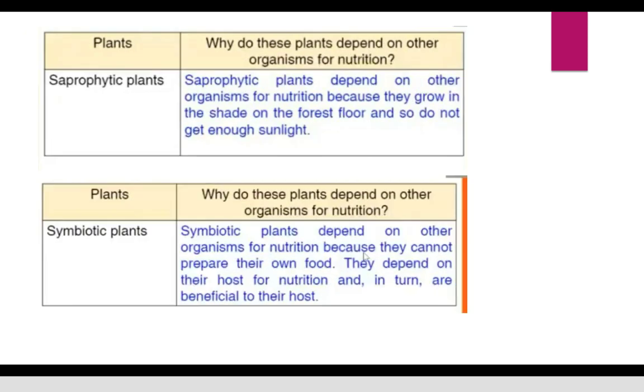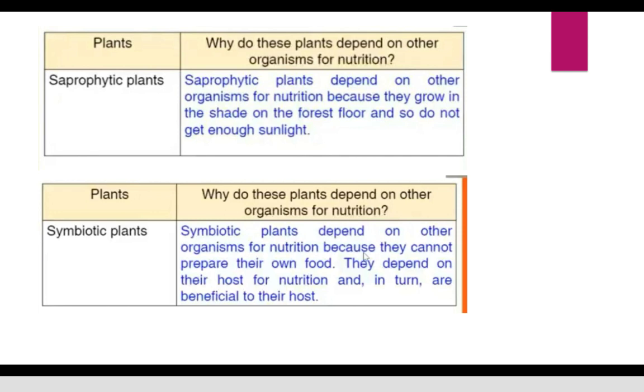Next, saprophytic plants depend on other organisms for nutrition because they grow in the shade of trees and forests, surrounded by tall trees. They don't get enough sunlight for photosynthesis, so they are not able to make food.